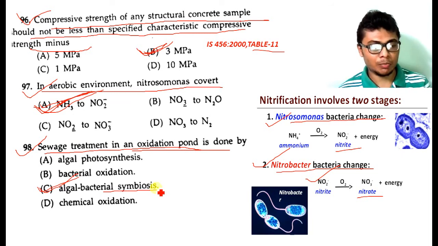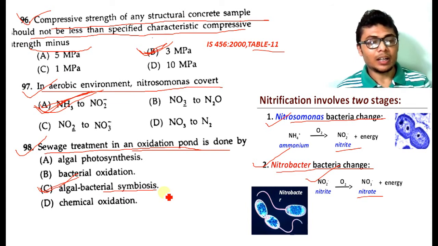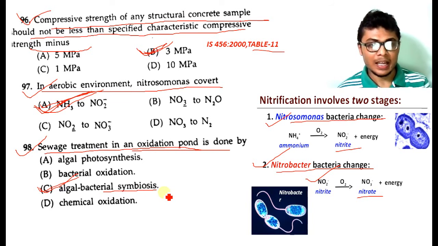In an oxidation pond, in the presence of sunlight, the algae make their food by photosynthesis and produce oxygen. This oxygen is used by the bacteria, and the bacteria decompose the organic matter. Therefore the correct answer will be algal bacterial symbiosis.